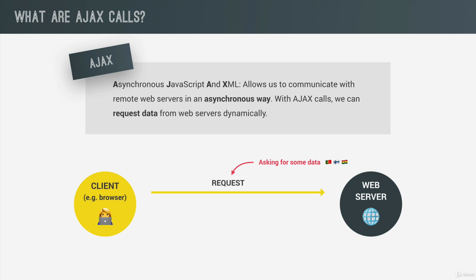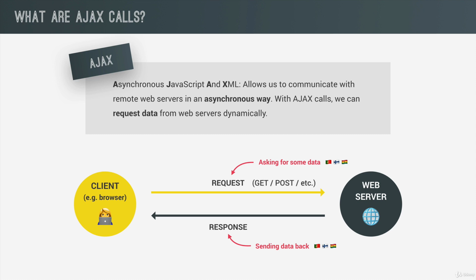And the server will then send back a response containing that data that we requested. And this back and forth between client and server all happens asynchronously in the background, just the way we learned before. And there can even be different types of requests, like GET requests to receive data, or POST requests to send data to a server. But there is a whole lecture about this a bit later to really show you how it all works in detail.